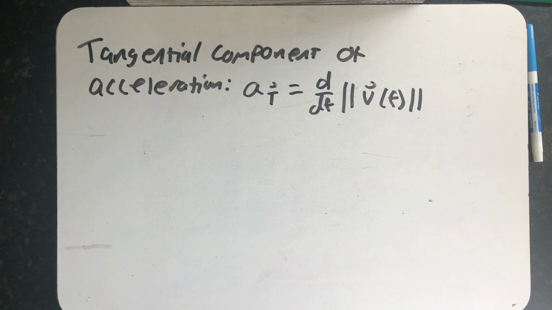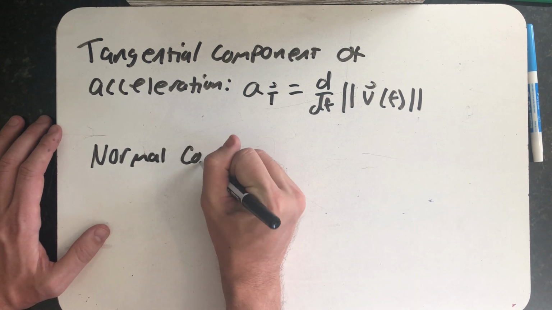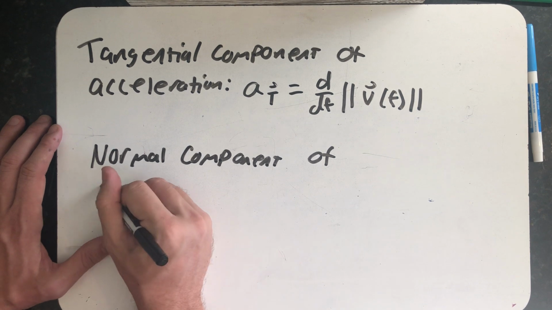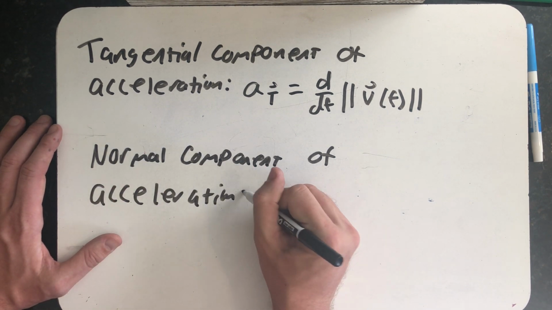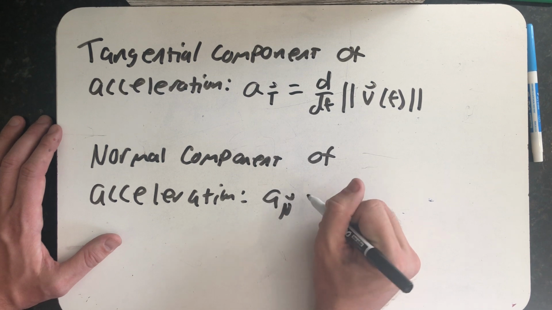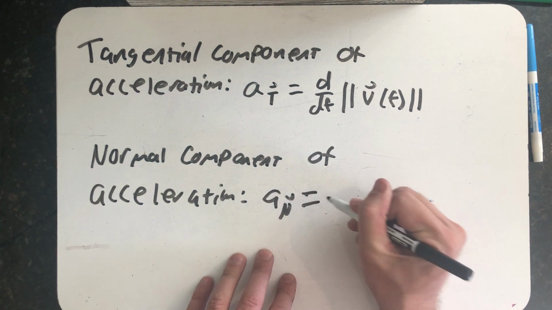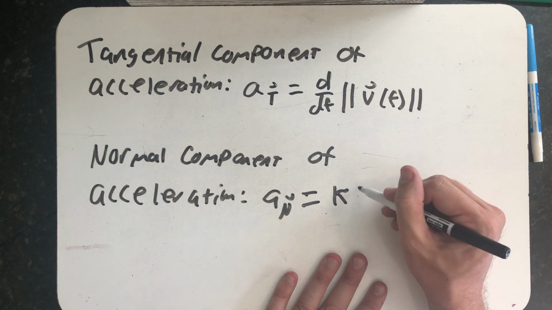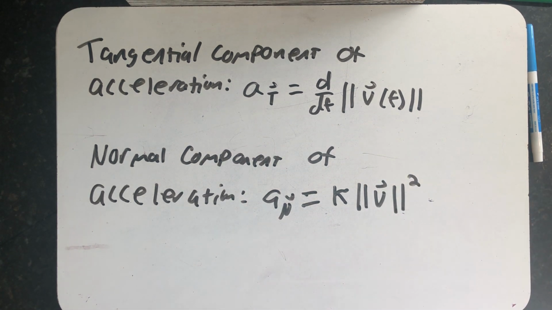And then we have the normal component of acceleration. Okay, and we can write down a really sophisticated formula for it, that is the curvature times the square of the speed. And we can make that calculation.